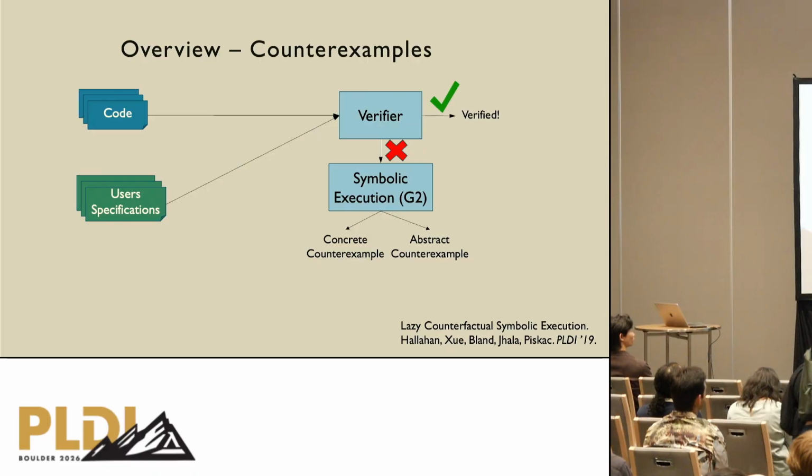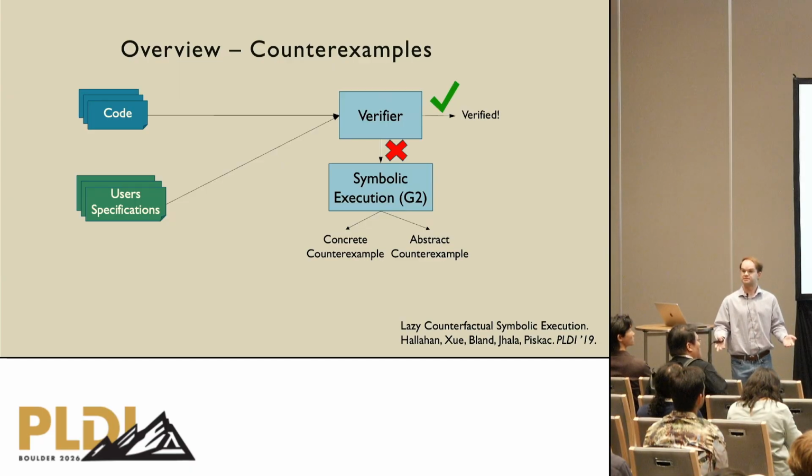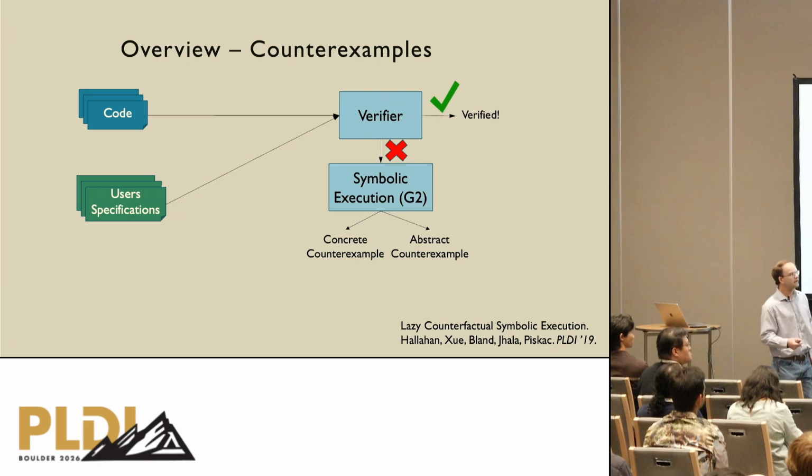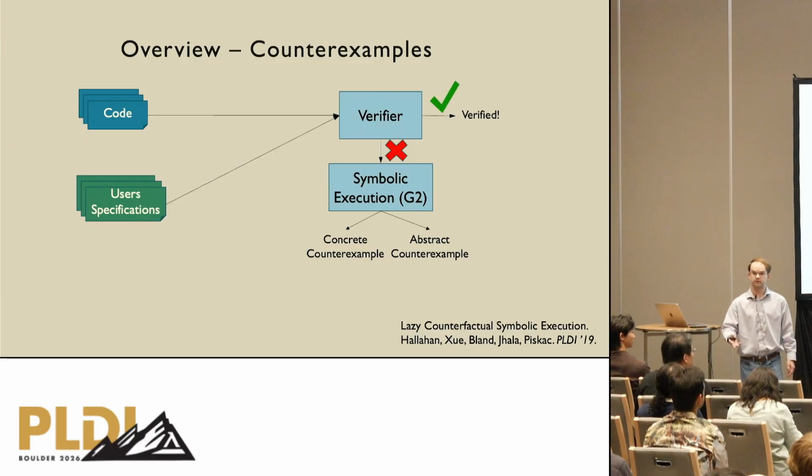Ideally, we give what's called a concrete counterexample, which is an actual input and output that violates the specification, right? If your specification is actually wrong, that's possible to do. In a case like with add 2 and infer, the specification is not actually wrong, right? It's just not being proven.